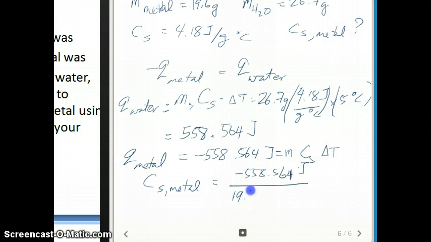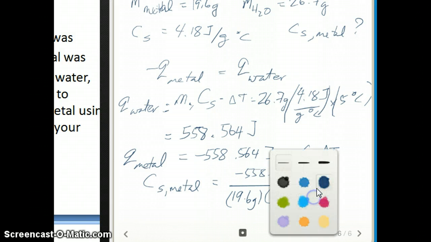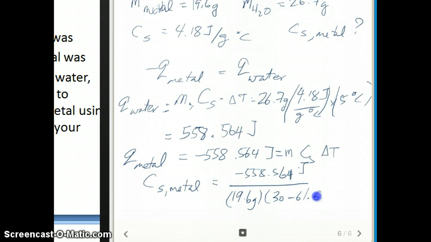And now comes the part that's a little tricky, but actually if you think about it, it should make sense. The final temperature of the metal, remember, is 30. The initial temperature is 61.67 degrees Celsius.